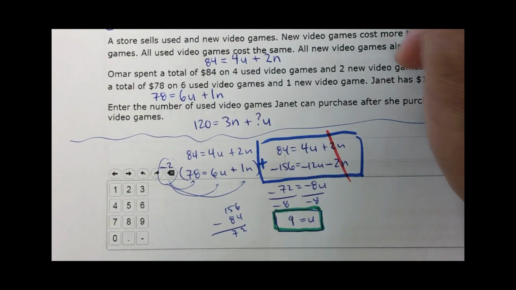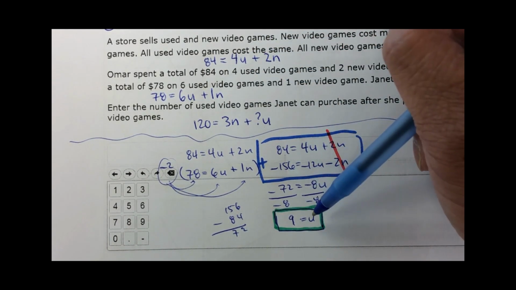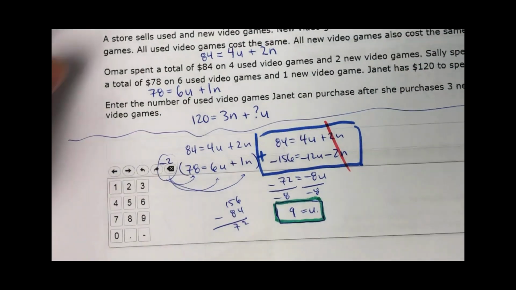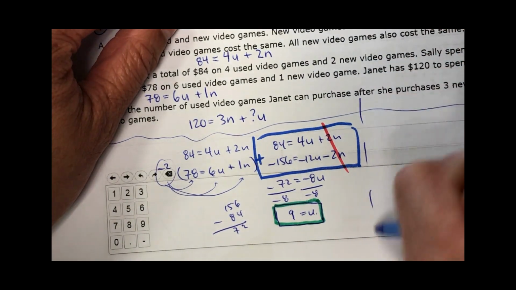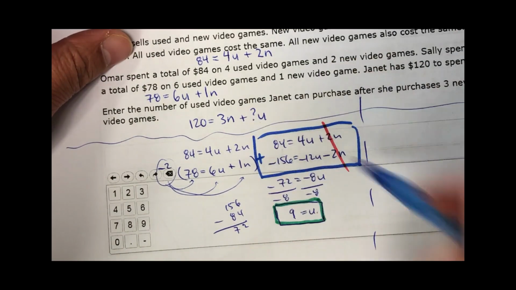So now you can pick any of these equations to work with. We know that a used game costs $9. I want to figure out how much a new game costs. You could pick any equation you want.